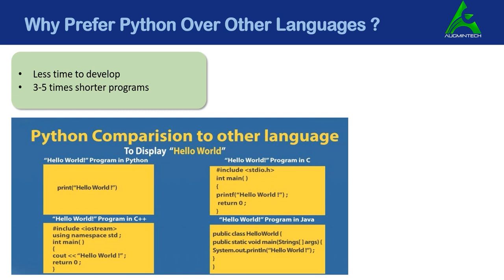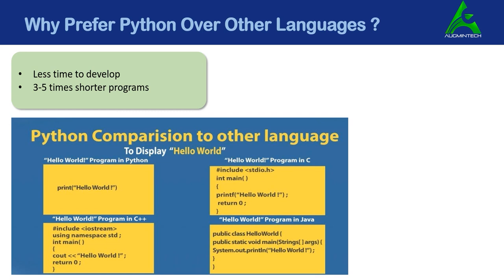In C++, you again have to include iostream, that is input output stream, using namespace std, then the int main function, and inside the brackets you write cout to display hello world, then return 0, then close. Same goes with Java. You first have to define your public class hello world, then the void main function, inside which you display hello world using the System.out.println output function.